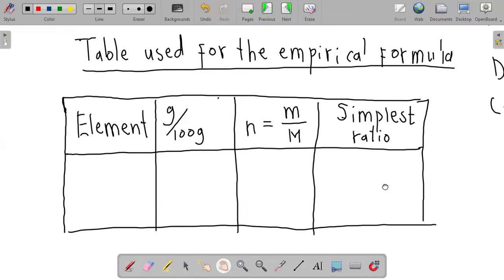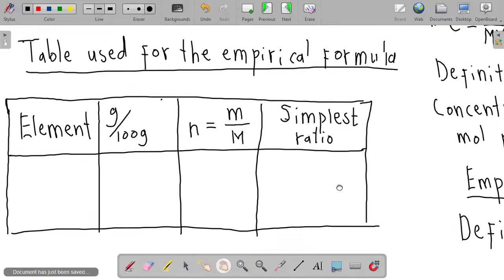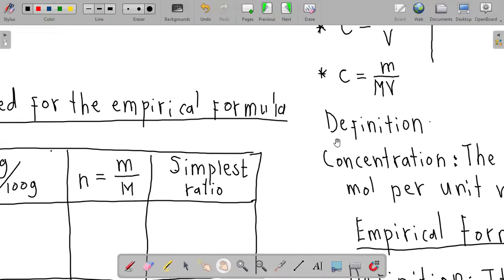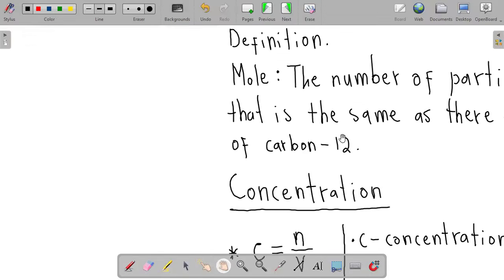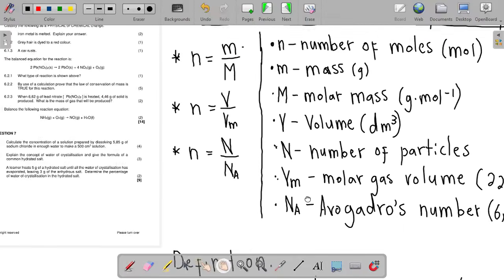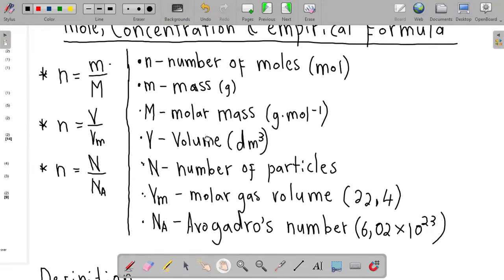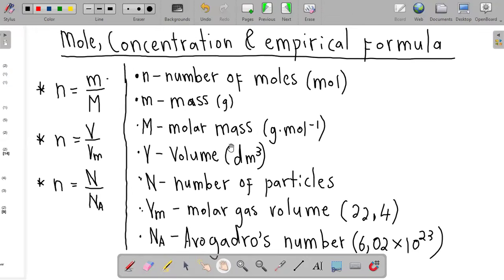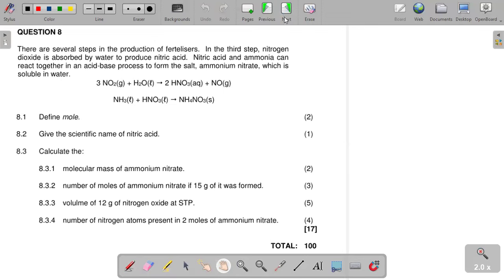Now let us begin with the moles, the mole concept. Let's do an example together. Let me use this as an example so we can do this question together.